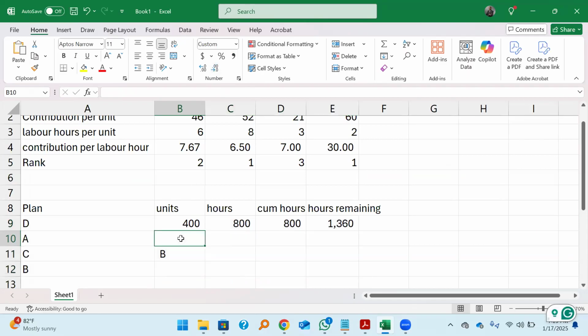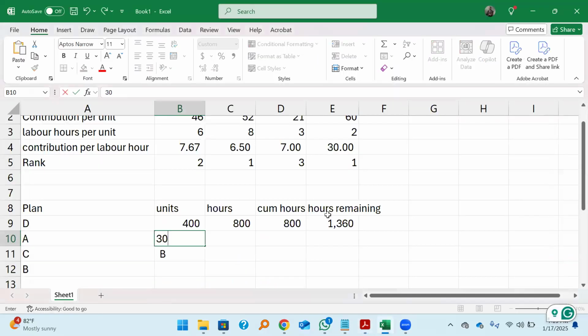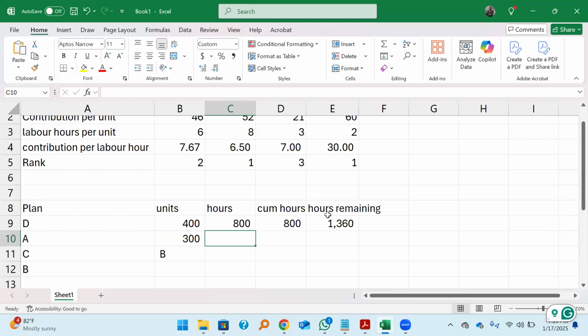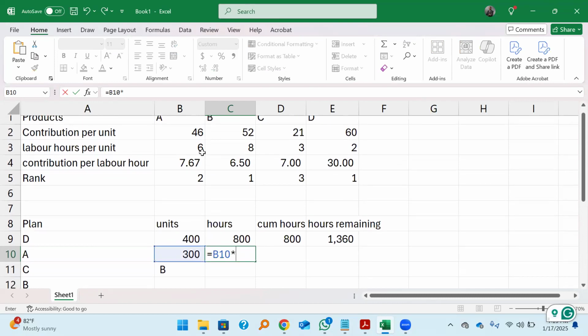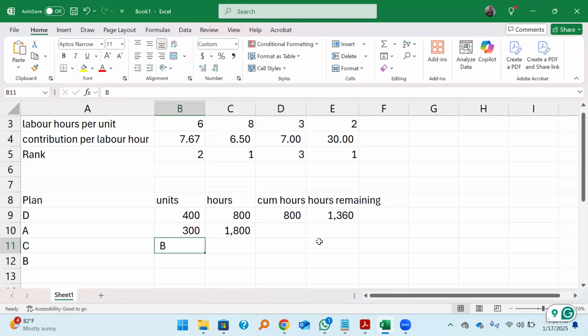Then we now produce A, and we can produce 300 units. The hours it takes to produce A will be 300 units multiplied by 6 hours per unit, which gives us 1,800. And you already see that we can't produce all of the units; we shall have a shortage if we produce 300 units.